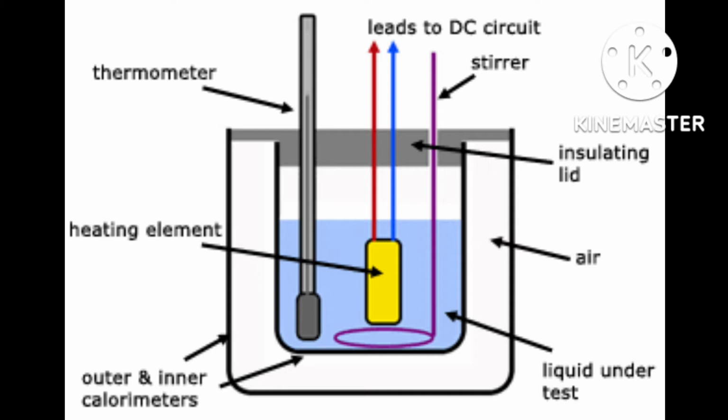One instrument is there, whose name is calorimeter. By the use of a calorimeter you can measure delta U, the internal energy change. Here I am telling you how you will use that.